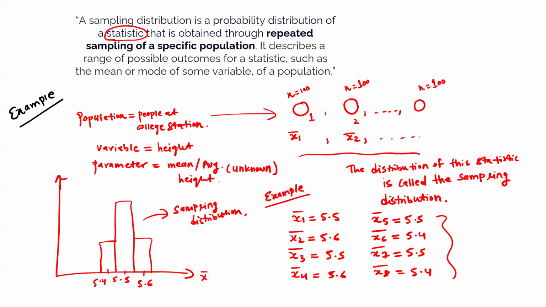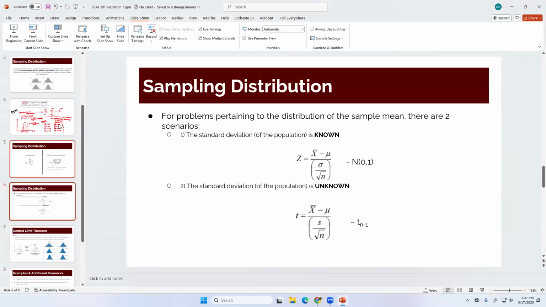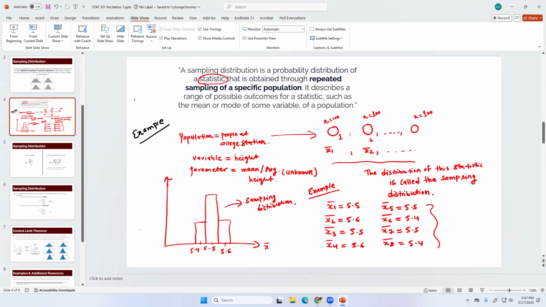You take multiple samples, you take repeated samples. So if you look at the definition again, a sampling distribution is a probability distribution, is this distribution of a statistic. So a statistic could be your mean, it could be a proportion. In this case, our statistic is the mean, right? Of any statistic that is obtained through repeated sampling from a specific population. So that is exactly what we're doing.